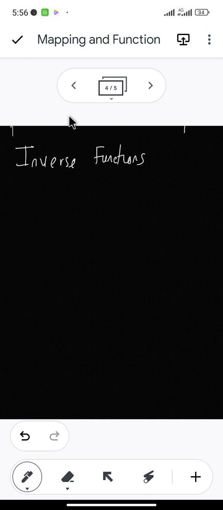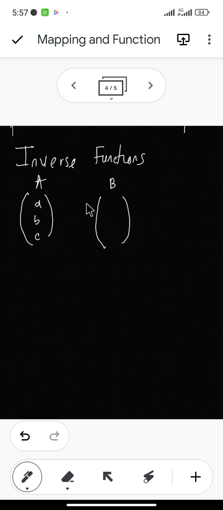Understand? Inverse functions exist for one-to-one mapping and onto mapping. What do I mean? If you have a function, it's just very easy. Let's say you have two sets, A and B. We have A, B, C.